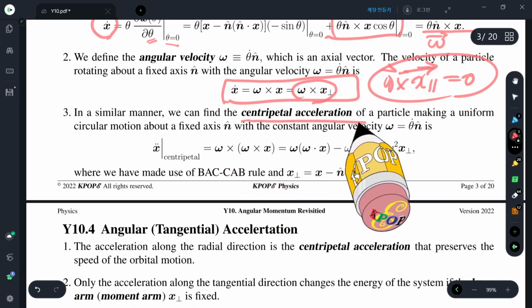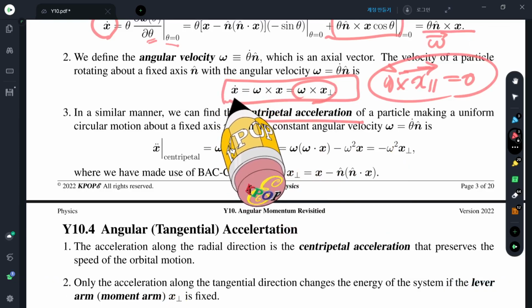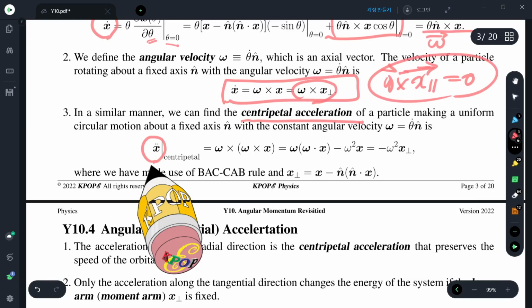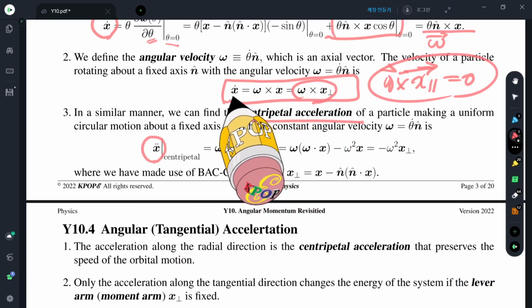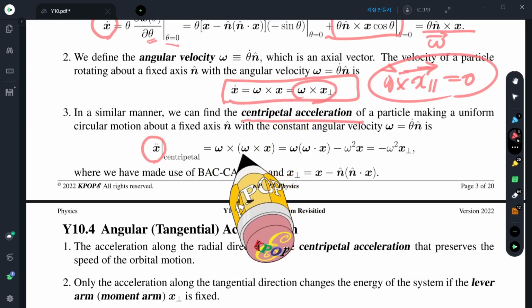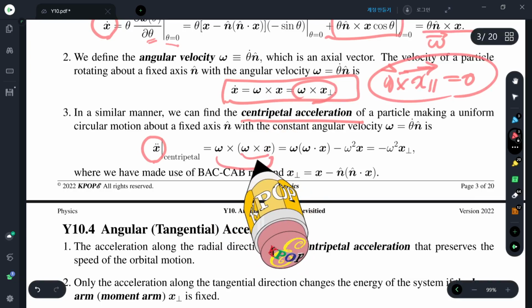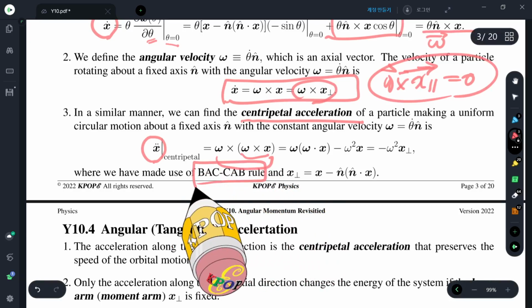Centripetal acceleration can be computed by repeating the time derivative. We compute the time derivative twice. Effectively, time derivative is to be replaced with omega cross. So we carry out the cross product twice. Then we can make use of the BAC-CAB rule.